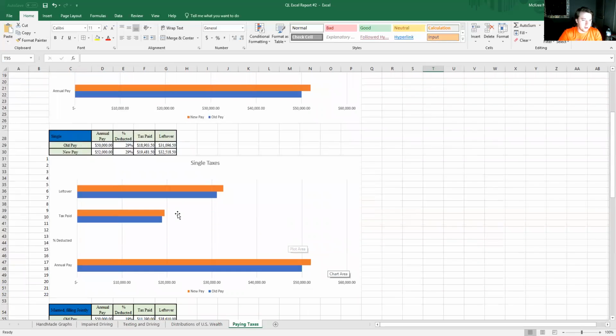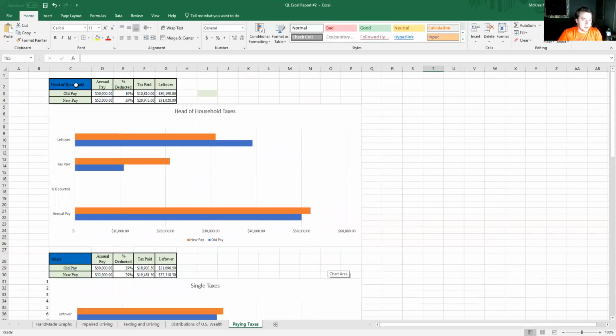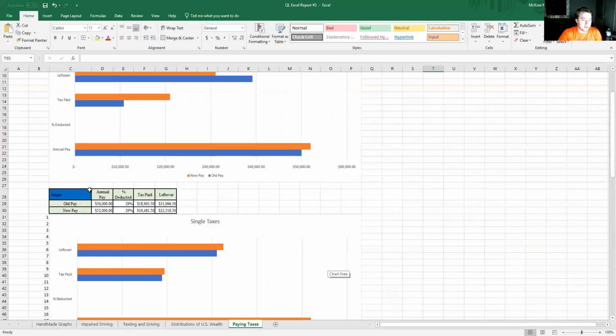And this one's showing right here as well. By the way, the previous one was for head of household. This one's for single people, $50,000. You're going to get $31,000 coming in. But if you get a $2,000 raise, you're not going to change that much. You're not going to go up a tax bracket. You're going to stay the same, and you're going to take home an extra $1,000. You're still going to get taxed a little bit more, but you're actually going to get a little more money out of your income increase.